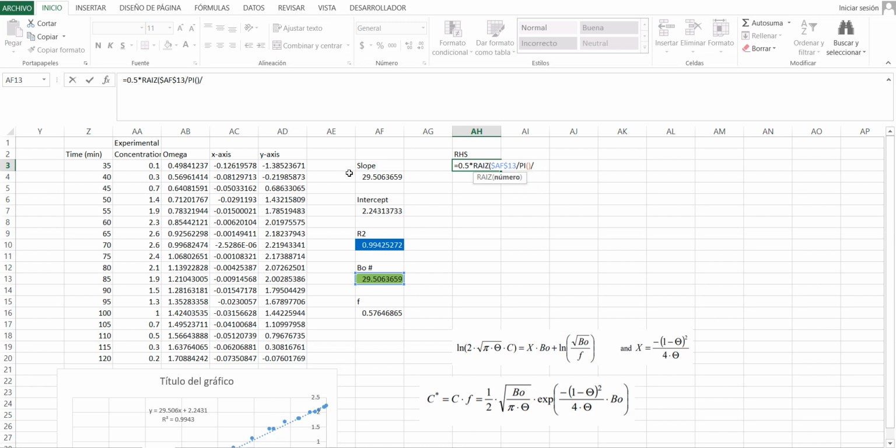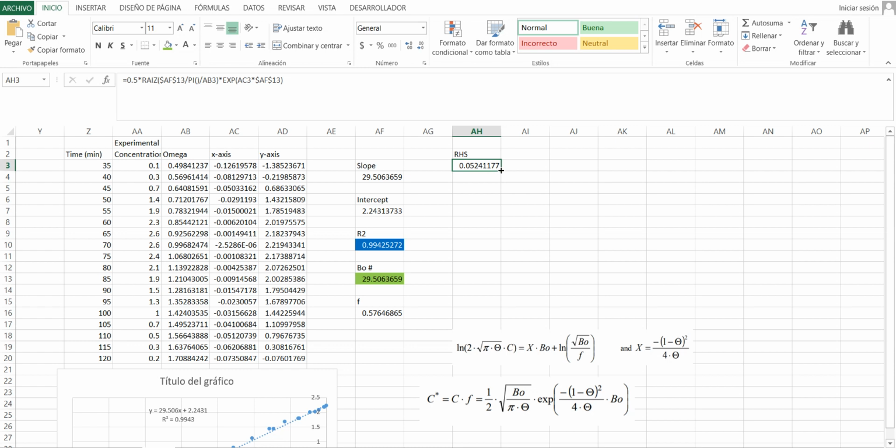We have omega right here. Okay, that would be the square root. And that would be times the exponential function of this expression. But let's not forget that this expression is the x-axis that we have already calculated before, so that saves us some time, times the Bodenstein number once again, locked.